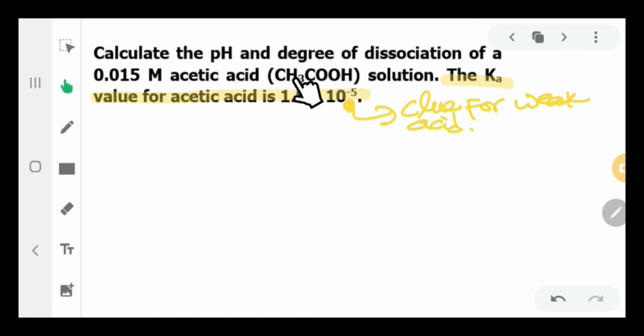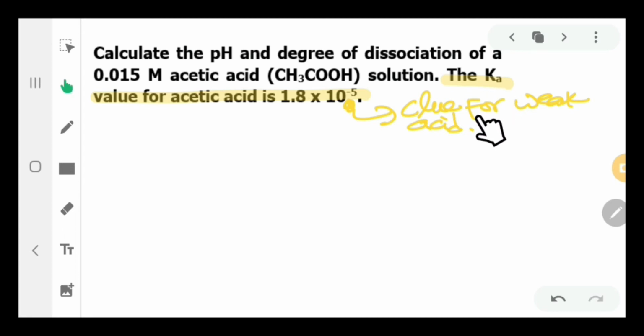It doesn't say right away. But how do you know it's going to be a weak acid? Like I said, look for the clue. And what is that clue? It's right here. The value of Ka is given to you. Only weak acids and bases will have a value of Ka and Kb that is significant. So this is the clue, remember.